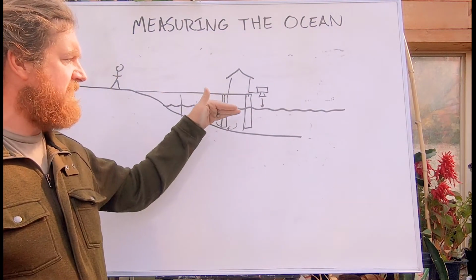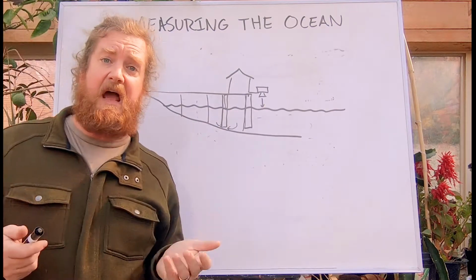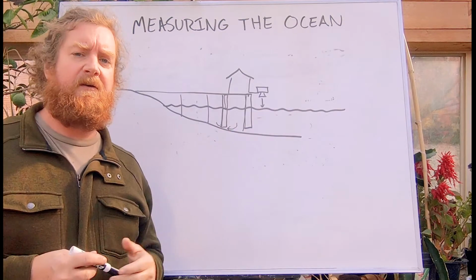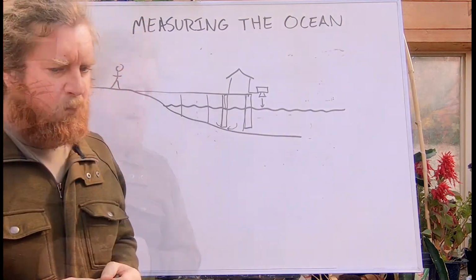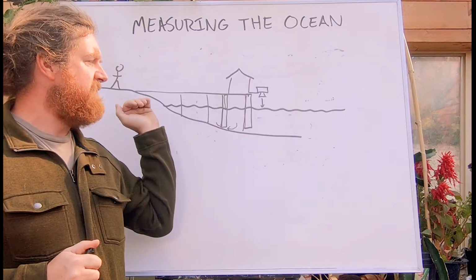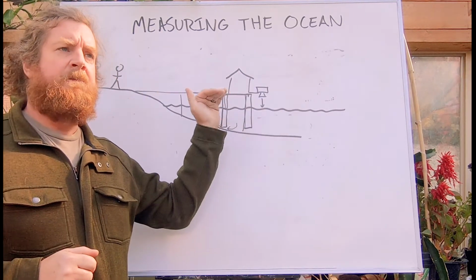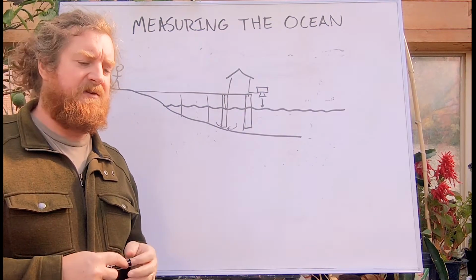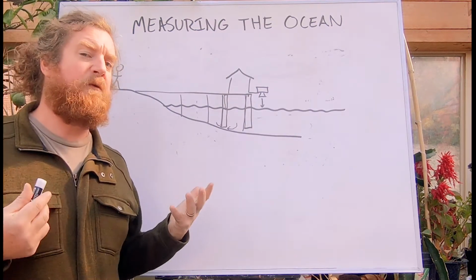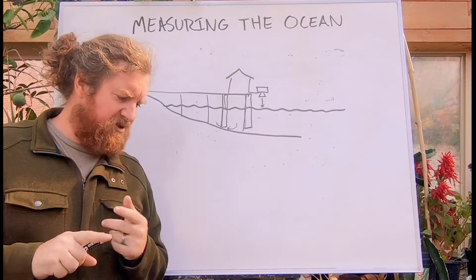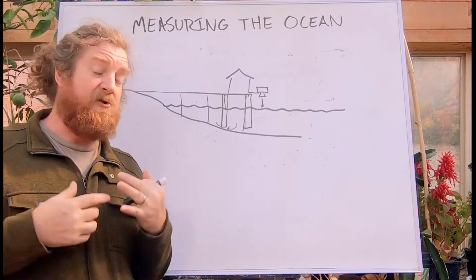And this is obviously only possible in places that we can access: coastal areas, places where you can put in a pier and go out and do this sort of research. One of the things we think about beyond this is, how can you measure sea level without being there? This is what we call data that's remotely sensed, a term that comes up in geology, geography, and climatology a lot: remote sensing.